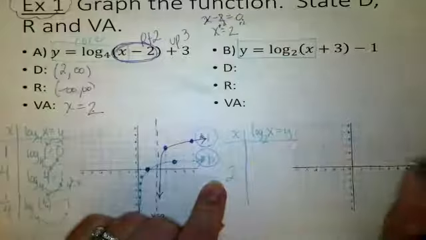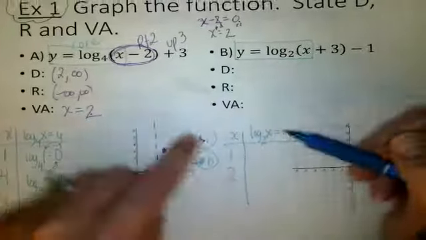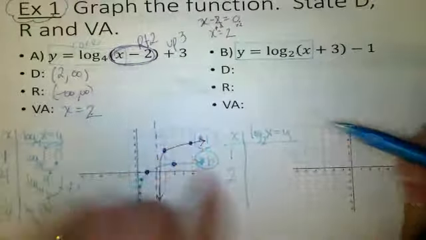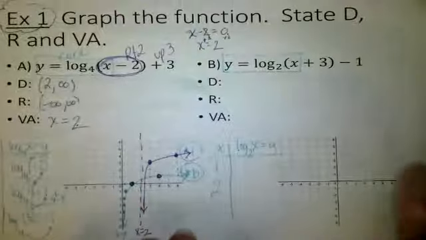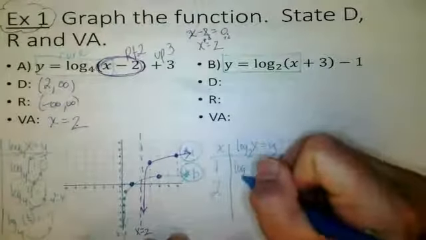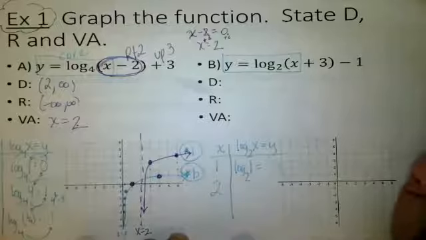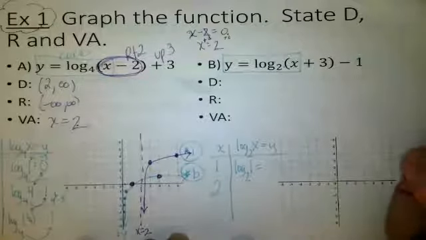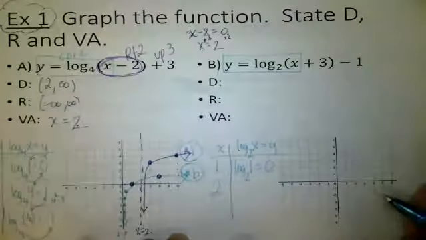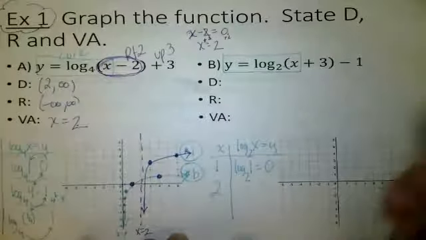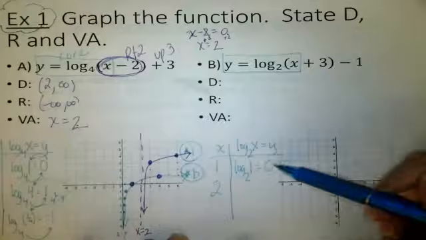What's another excellent choice? 1. Always use 1 and the base. 1 and whatever the base happens to be. So I'm going to plug in the 1. Log base 2 of 1. What's the log of 1? 0. Every single time. The log of 1 equals 0.